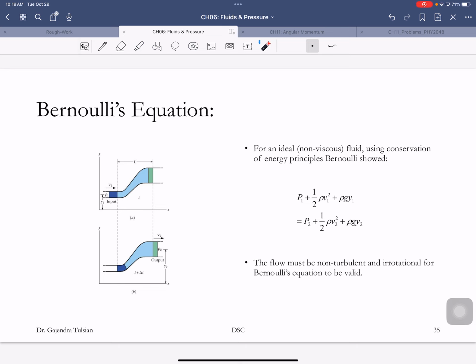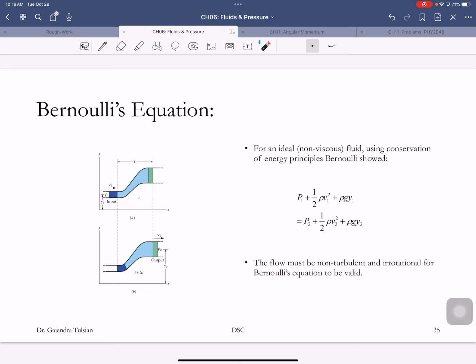You can go to any location: the pressure at that location, plus this term with the density of the fluid, which is the kinetic energy of the fluid per unit volume, plus this term, which is the potential energy per unit volume. The sum of those three terms is constant. The sum of those three terms at any location is equal to the sum of those three terms at any other location.